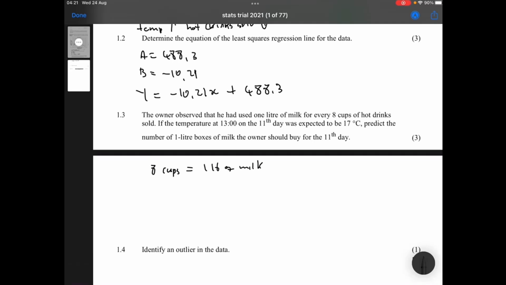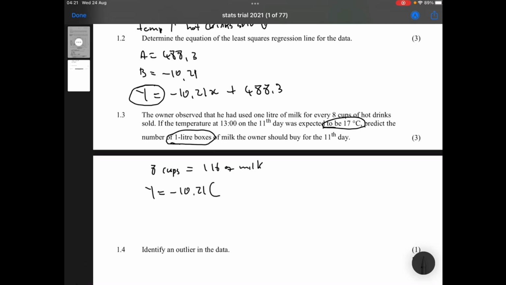So we are given the temperature on the day, right? With the temperature on the day, we can find the number of cups sold, right? The number of hot drinks. And from the number of hot drinks sold, we can then find the liters of milk needed. So now we're going to say Y equals minus 10.21.